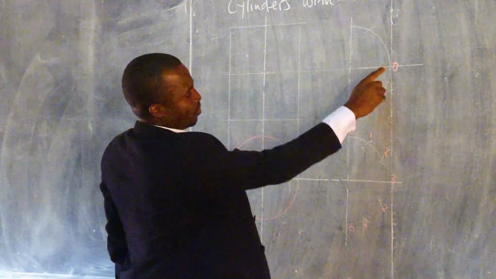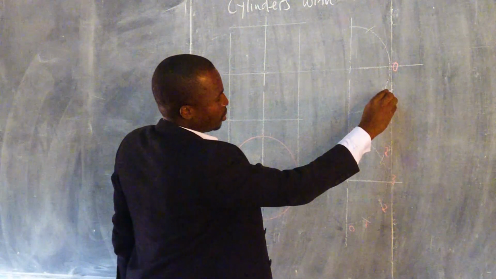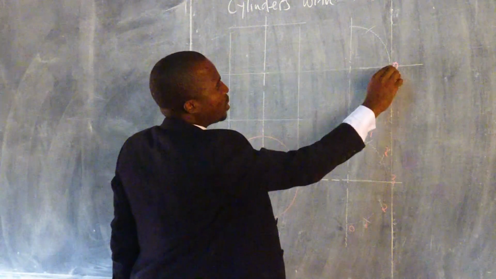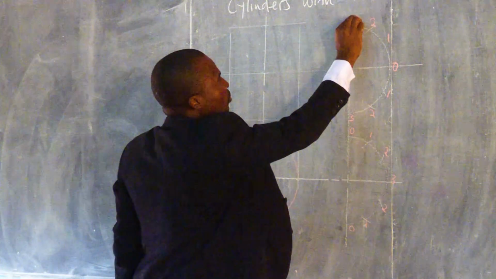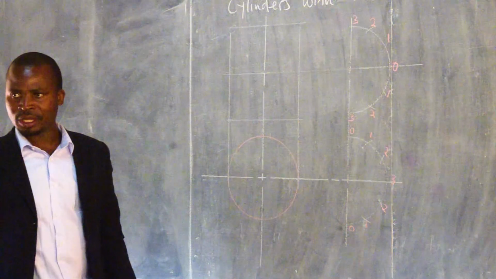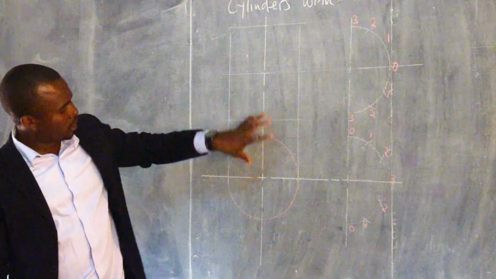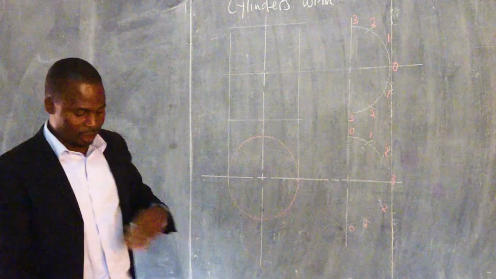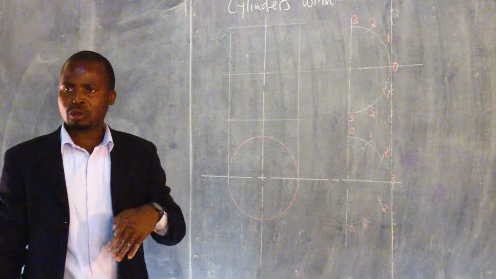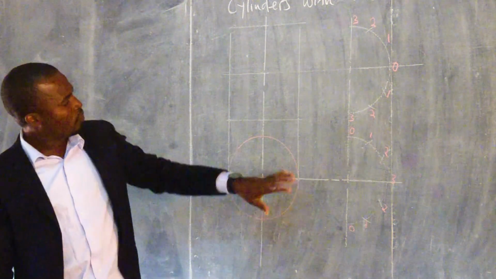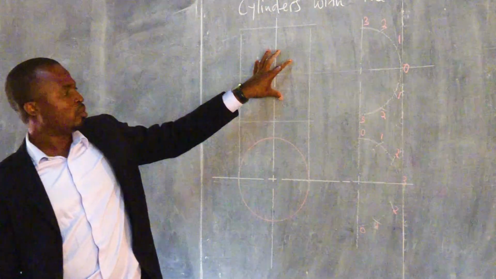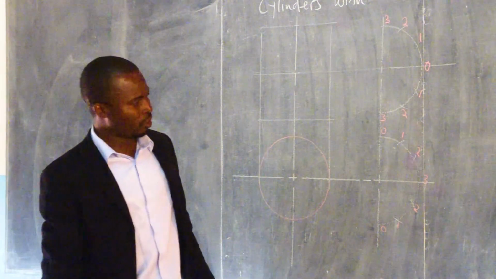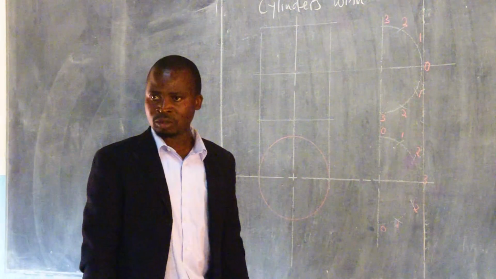And then from there now, you say 0, 1, 2, 3. And then 0, 1, 2, 3. When you look at it on top here, the plan, this line you are going to see direct to you. Then when you look at it in the front view, this line you are going to see in the sides. That's why you should be very careful when numbering your views.